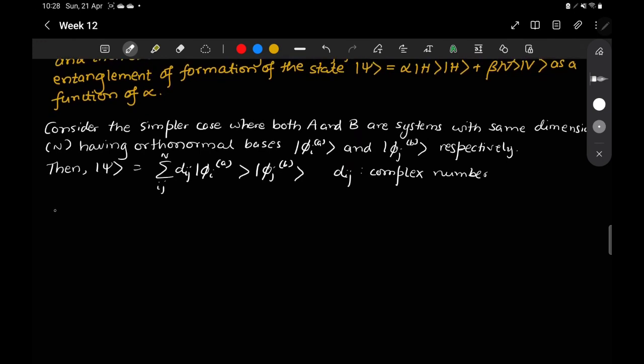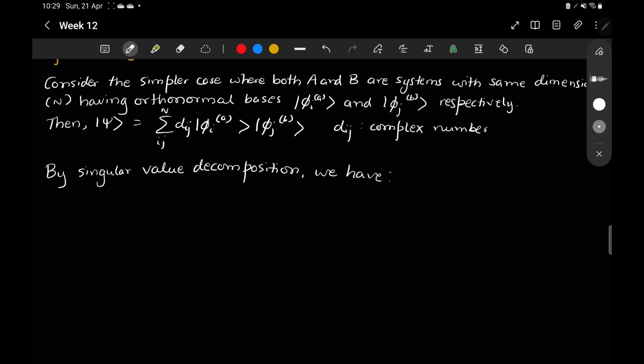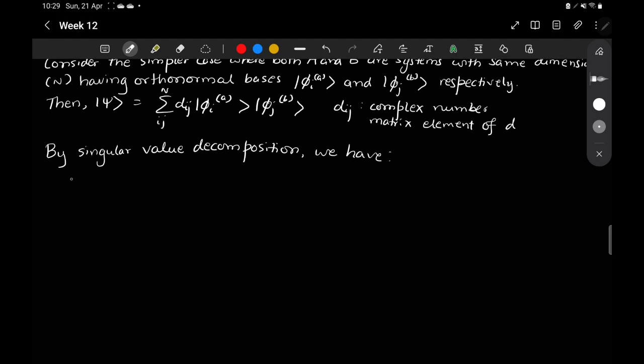Now we can use singular value decomposition. And this complex number is the matrix element of matrix D. So we have this matrix D, which can be written as follows, where this D prime is a diagonal matrix.